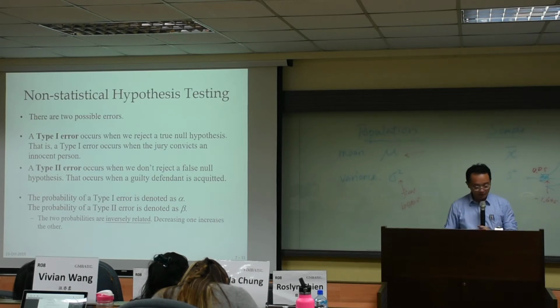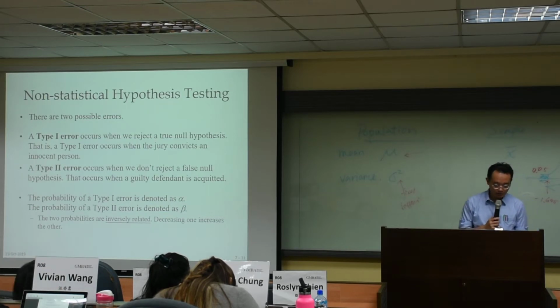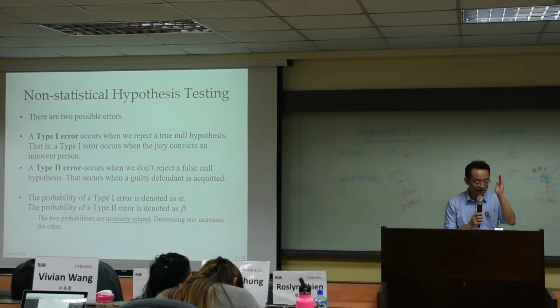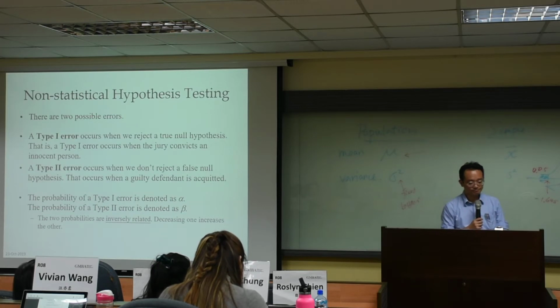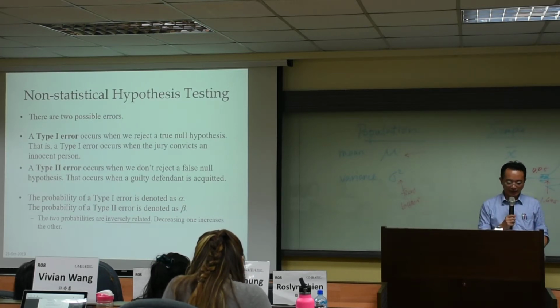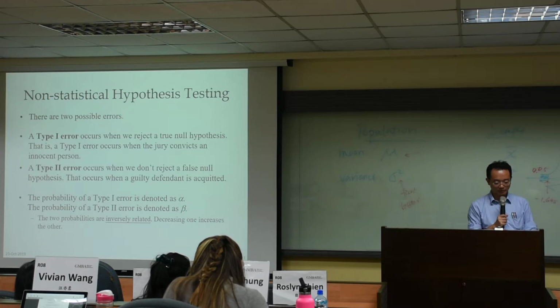Okay, so given this structure, there are two possible errors. Type 1 error occurs when we reject a true null hypothesis. So the null hypothesis is correct, but we reject it. So the type 1 error occurs when the jury convicts an innocent person. This is the wrong case, a possible error.